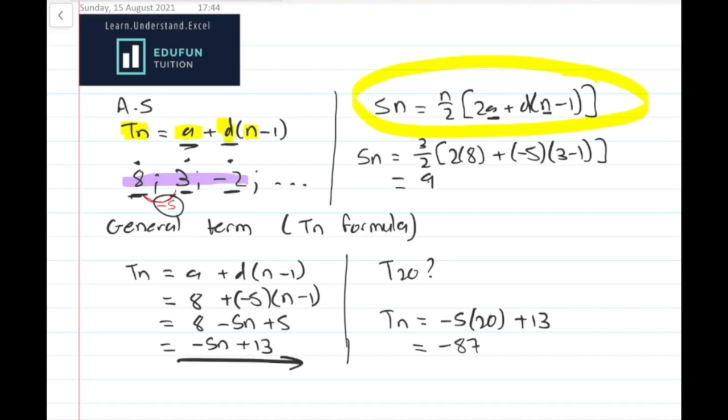So that's where we're going to use this new concept of the sum of an arithmetic sequence.